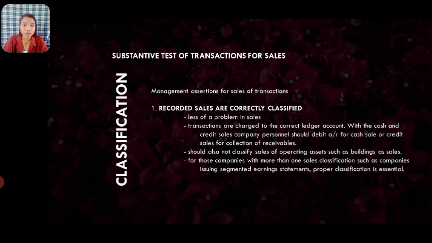The third point is that they should also not classify sales of operating assets such as buildings as sales. So those operating assets should be separated from the sales. And the fourth point is that for those companies with more than one sales classification, such as companies issuing segmented earnings statements, proper classification is essential.